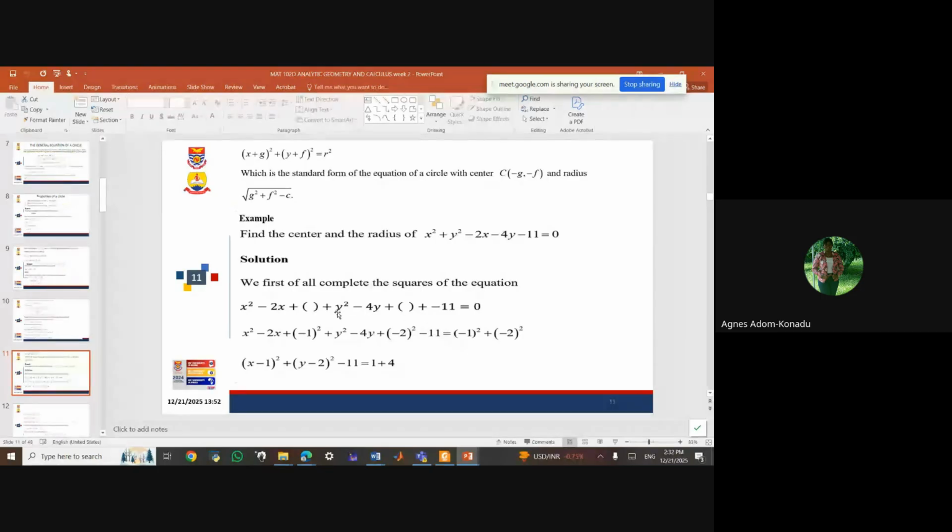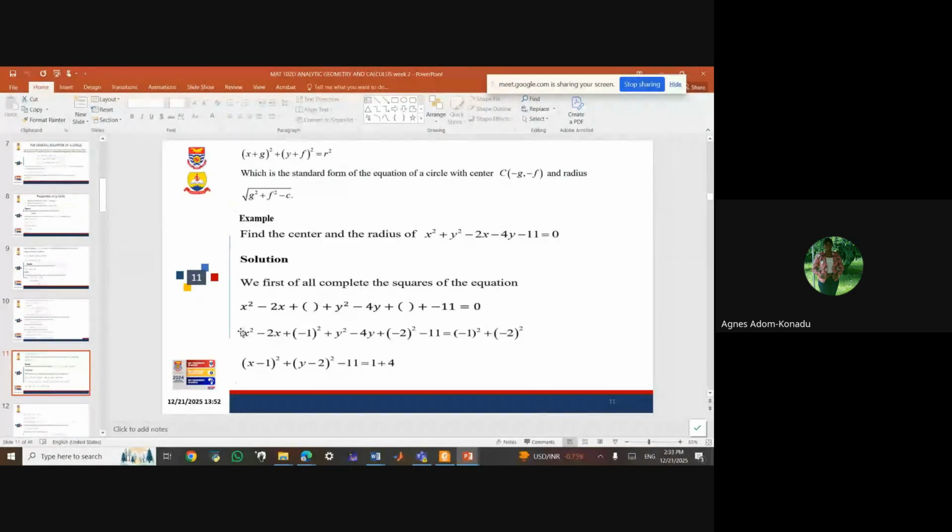Then as I said, I will add the (-1) squared here and do the same on the other side. I'll add (-1) squared to the right and add (-1) squared to the left. So that's what I did. So I have (-1) squared plus the (-2) squared also here.